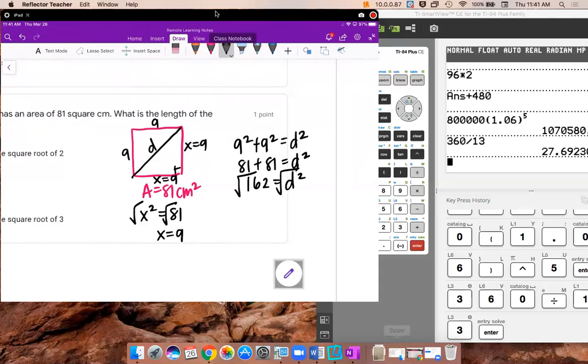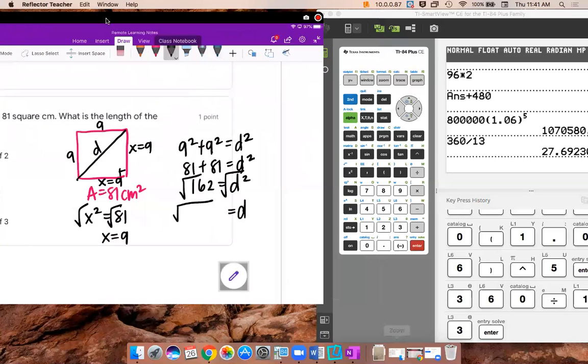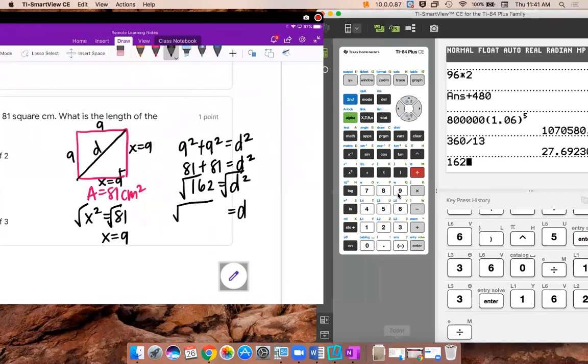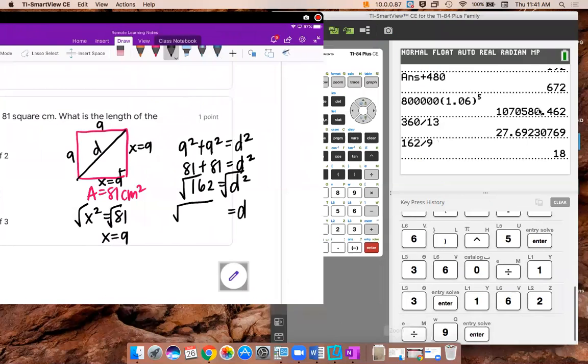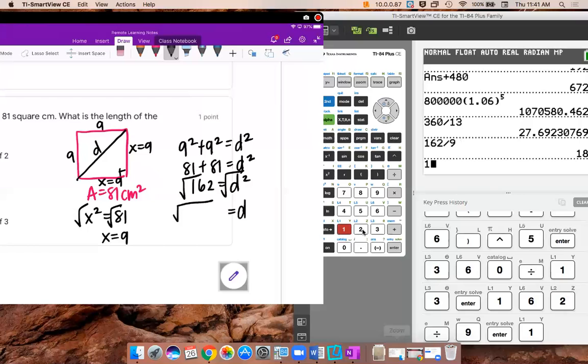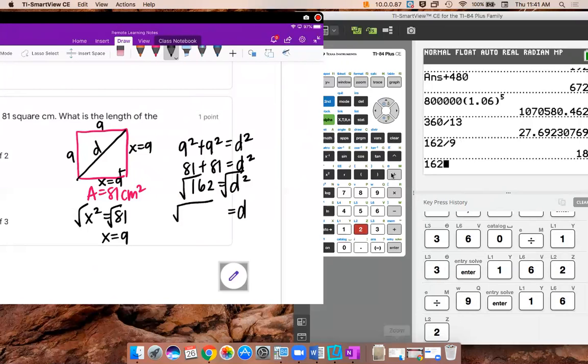So we have to find perfect squares that divide into it. In my calculator, I just start taking 162 and dividing by nice perfect squares. So I do 162 divided by 9, and it comes out to be 18. Then I can see there's another 9 that divides out of here. So that means 162 is divisible by 9 times 9, or 81.